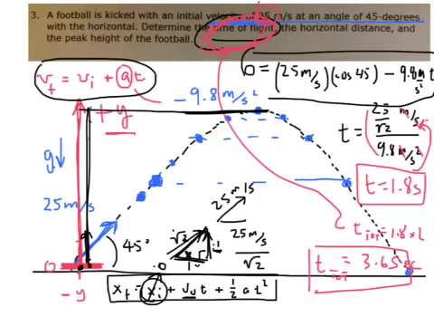Let me do that on the next page. Let me just create a little box where I'll do it here. So I'm going to say that I've got a triangle like this. This is a right angle. This is 25 meters per second, and this is 45 degrees.